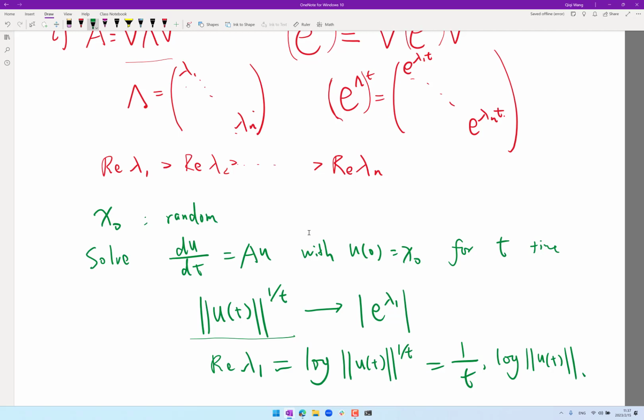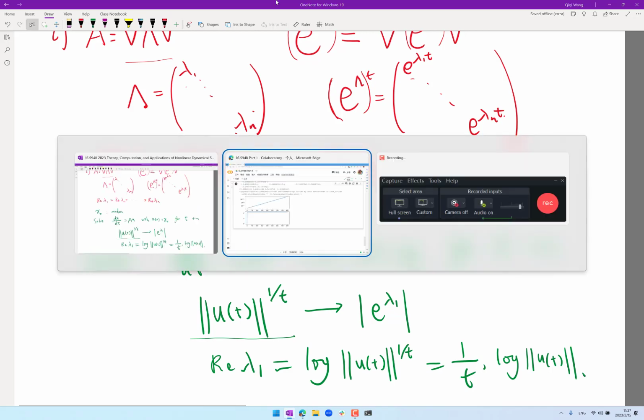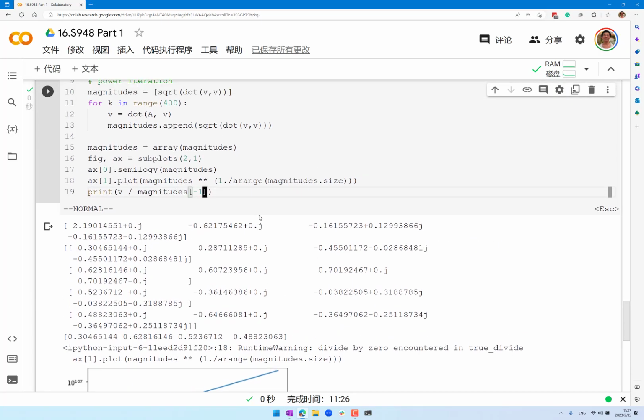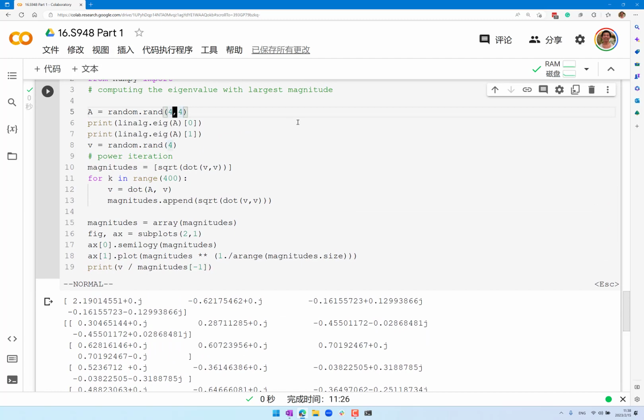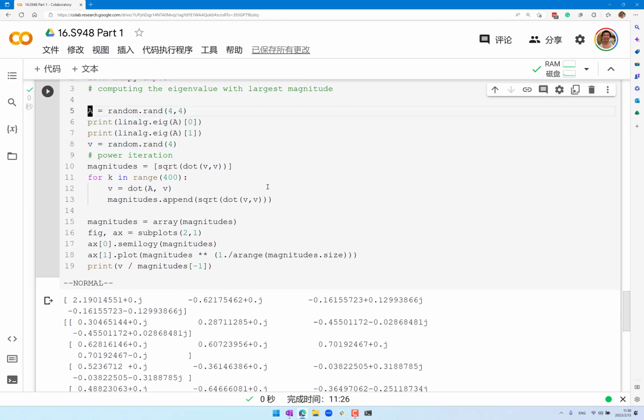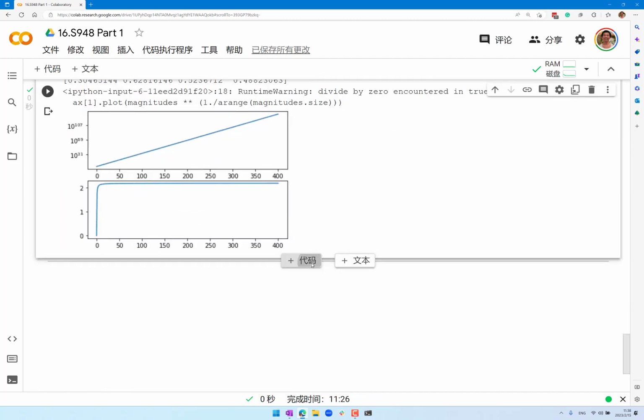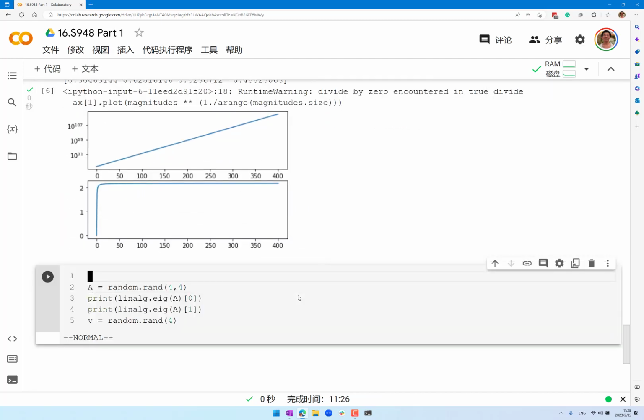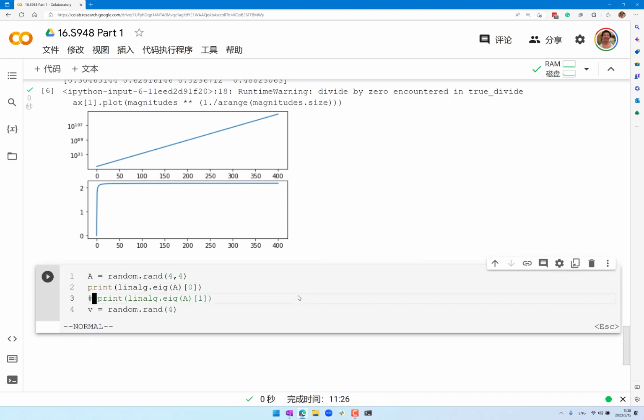Okay, so let's try that on our IPython notebook. I'm going to copy the same randomization, but instead of just a matrix multiplication, I'm going to do a differential equation. So let's look at the eigenvalue first.